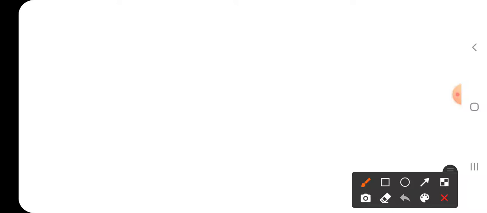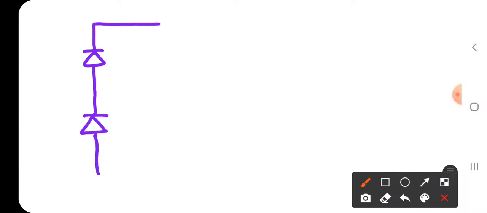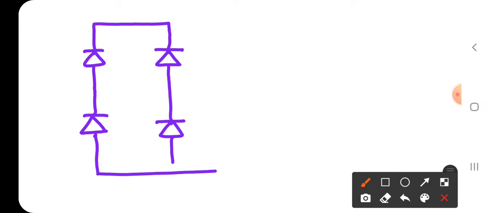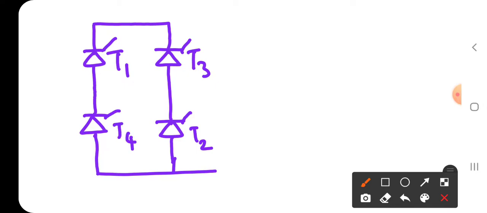I am taking a single phase bridge controlled converter with SCRs, not diodes: T1, T2, T3, T4.